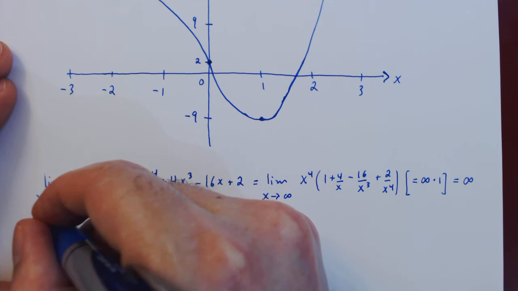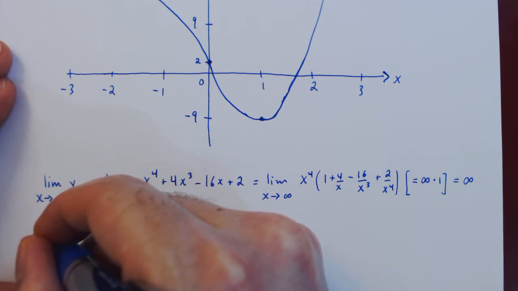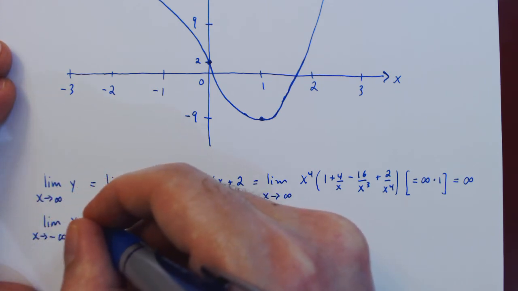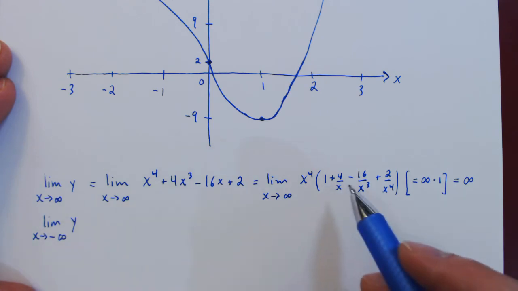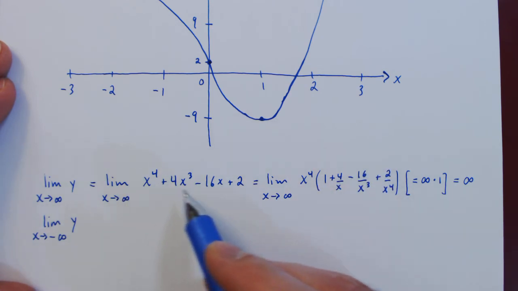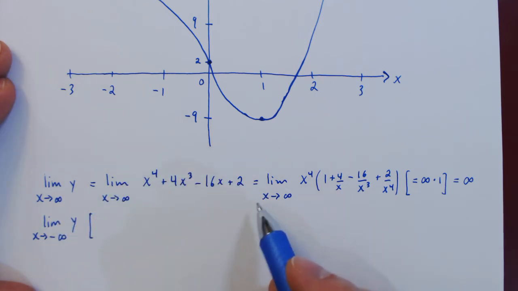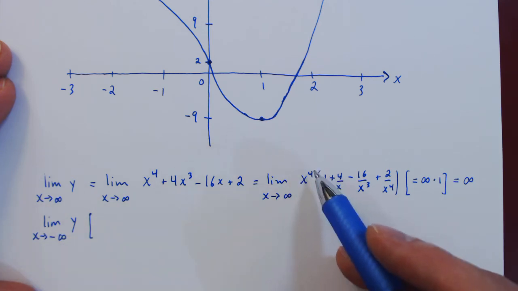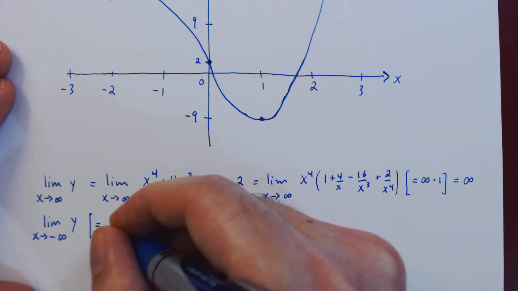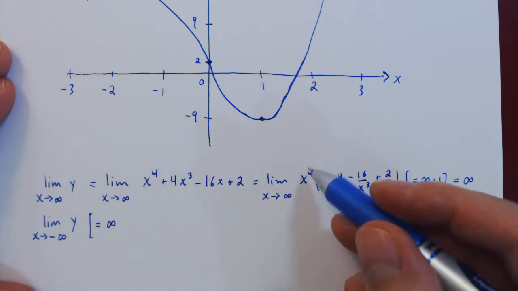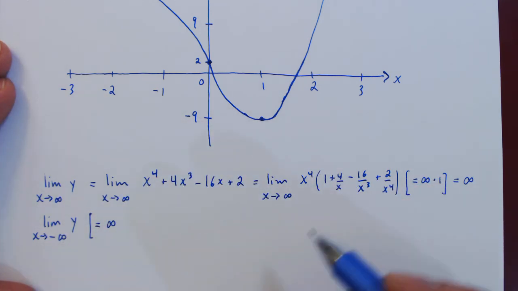Now on the left, we ask the same question, but as x tends to negative infinity. And I will leave this step up to you, as it is the exact same step. We will factor x^4, and as x tends to negative infinity, as 4 is even, this will also tend to positive infinity, as an even power of a negative is positive.